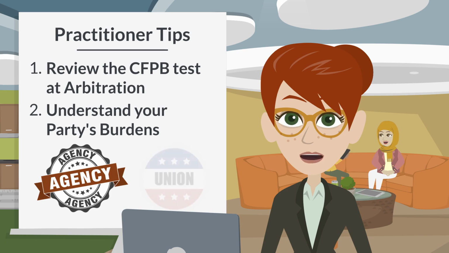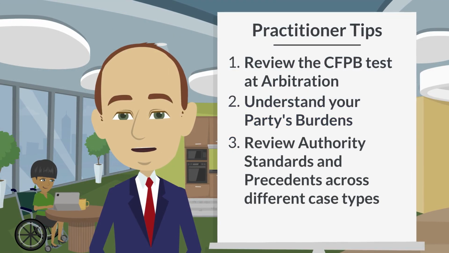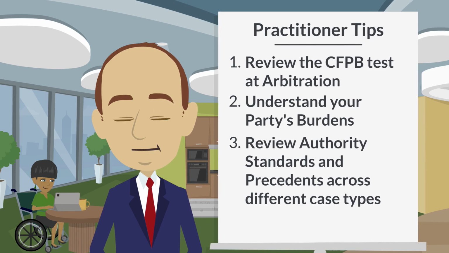If you're a union representative, respond to the agency's management rights claims and argue why the contract interpretation you're proposing meets the requirements of 7106(b) and why your requested remedies reasonably correlate to the contract interpretation you're proposing. In looking at these issues, consider authority standards and precedents across case types.